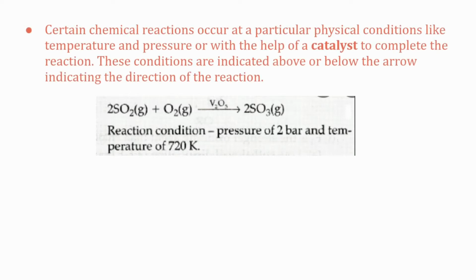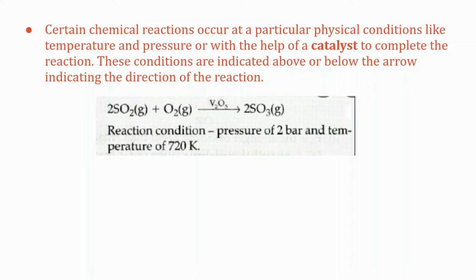Certain chemical reactions occur at particular physical conditions, like temperature or pressure, or some catalyst is added for the reaction to move on faster. Catalyst is basically to make the reaction faster. These conditions are indicated above or below the arrow indicating the direction of the reaction.